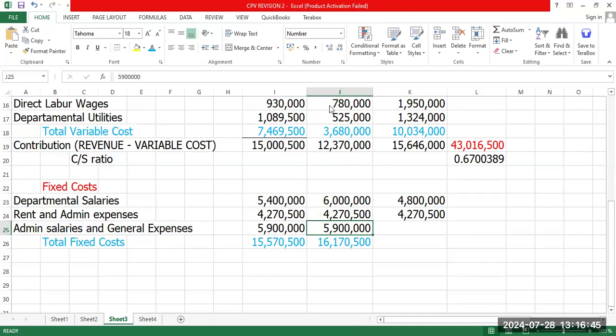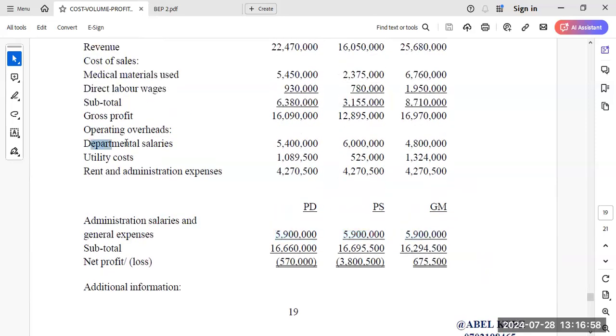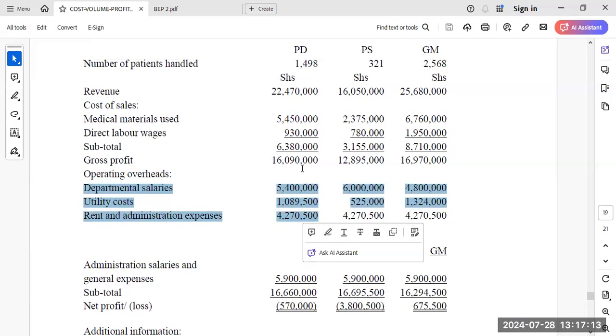Yes, I think the figure here is the same. When you check administration salaries and general expenses, the figure is the same. But for departmental salaries, then rent and administration expenses, the figures are not the same. Don't consider these ones as variable overheads because they didn't specify that these are variable overheads.